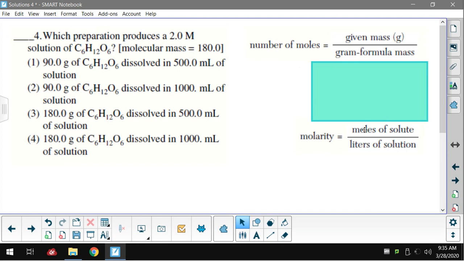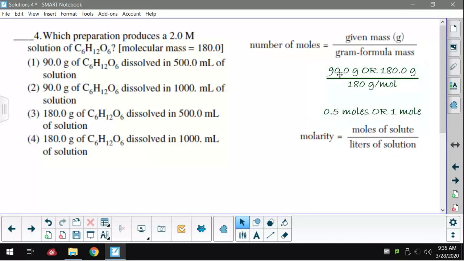First they're giving you the grams. The number of moles is the given mass divided by the gram formula mass. Your two choices are 90 or 180 over 180. 90 over 180 is 0.5. 180 over 180 is 1. So you're either going to have a half a mole or 1 mole.